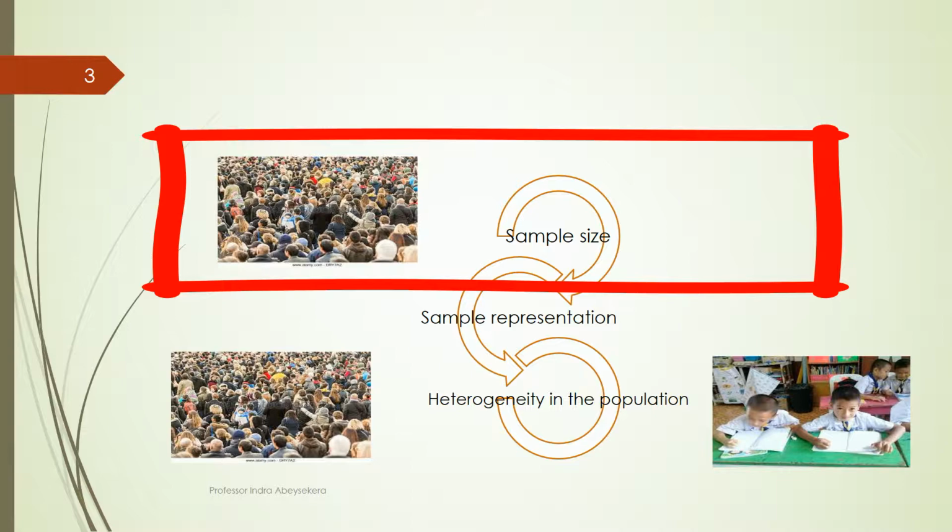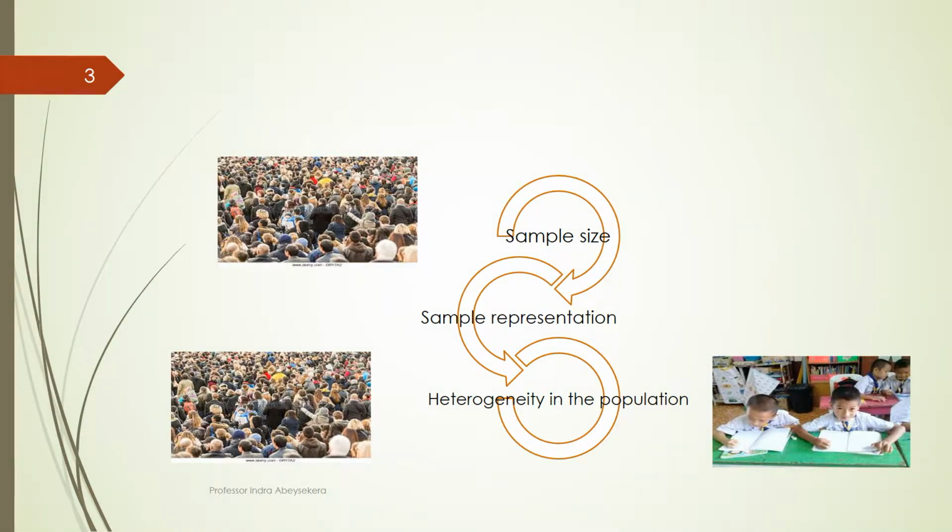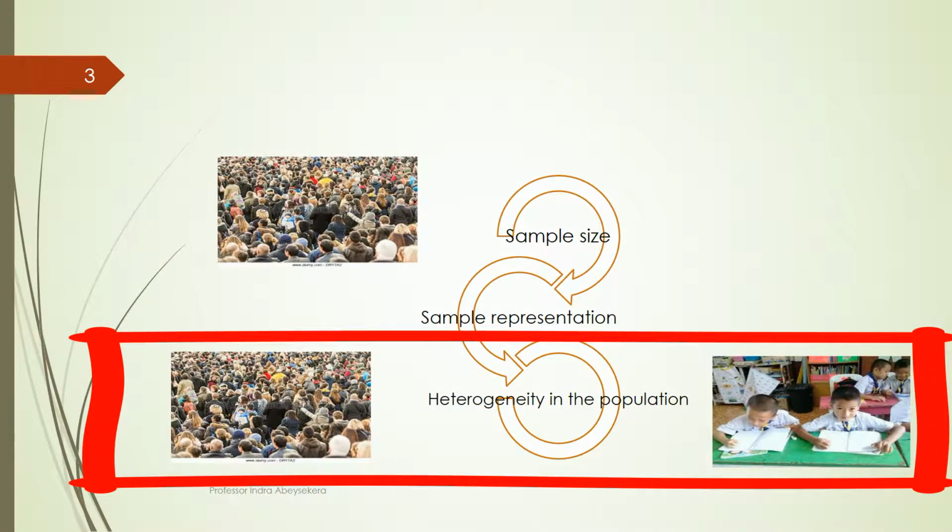Smaller the sample, larger the population, the chances are the sample becomes less representative of the population. The second is when the population is heterogeneous, the sample becomes less representative of the population.